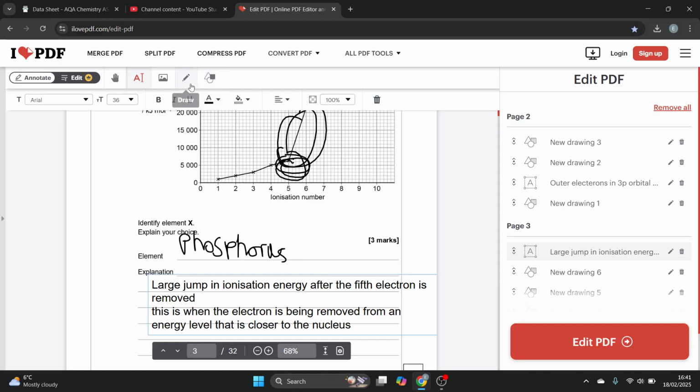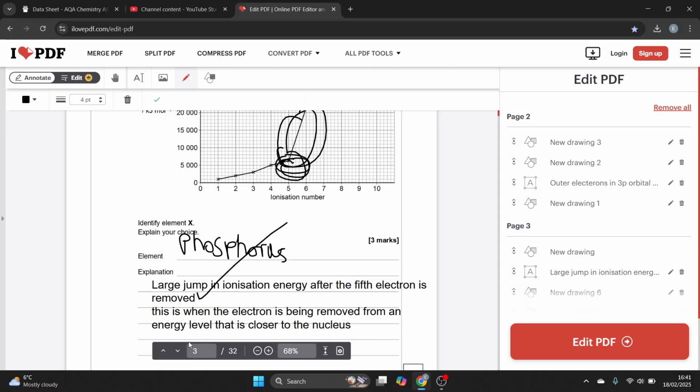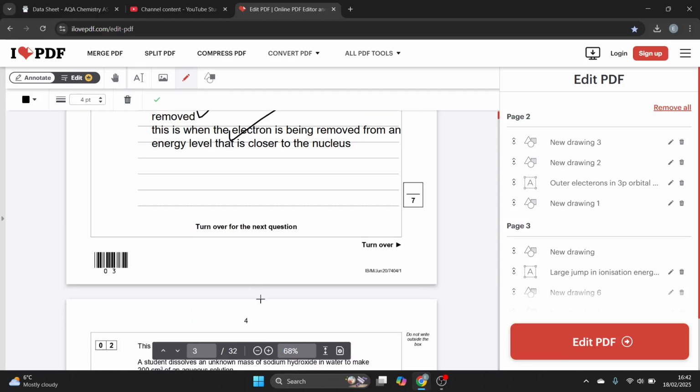Phosphorus: large jump in ionization energy after the 5th electron is removed. This is when the electron is being removed from an energy level that is closer to the nucleus.